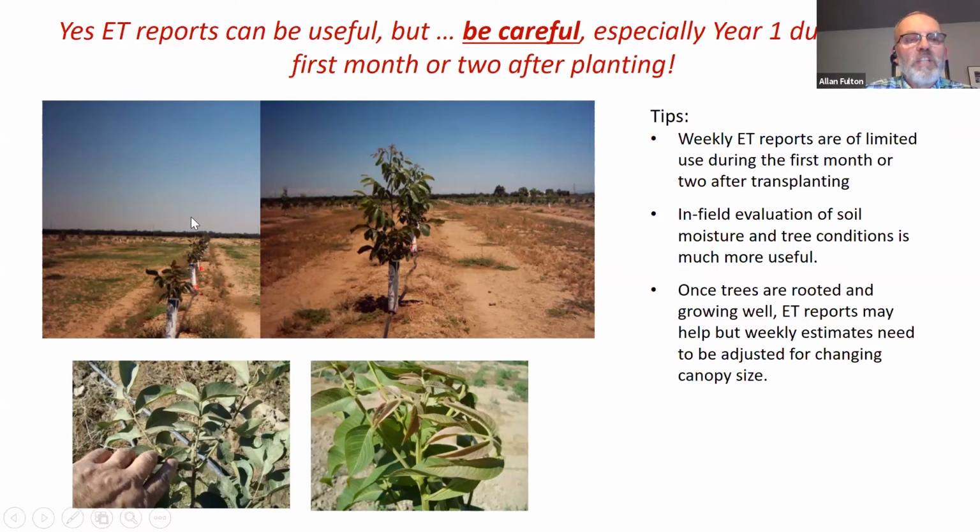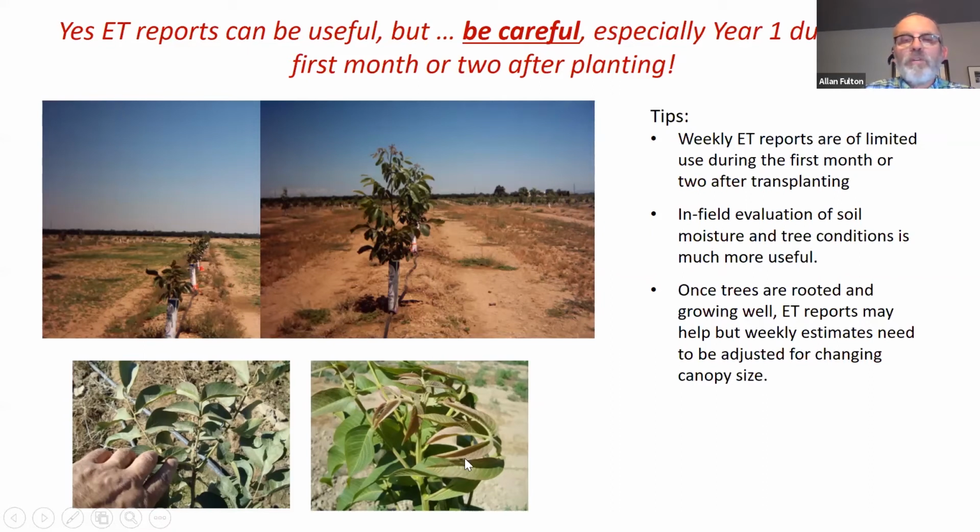I put in this series of slides to emphasize what you could find yourself up against that first month or two after transplanting. Here you see a row of transplanted trees. They broke bud and they pushed and they started to grow, but then they stalled. As you look at the tops of these trees, you see no evidence of new shoot growth and the young red new leaves, indicating that the tree is getting established and expanding its root system out into the orchard soils.